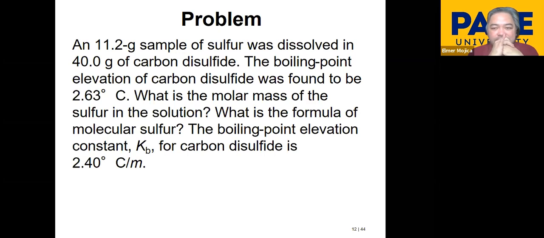So here in our example, an 11.2 gram sample of sulfur was dissolved in 40 grams of carbon disulfide. The boiling point elevation of carbon disulfide was found to be 2.63 degrees Celsius. What is the molar mass of the sulfur in the solution? In addition, we are asked what is the formula of the molecular sulfur? The boiling point elevation constant given for carbon disulfide is 2.40.